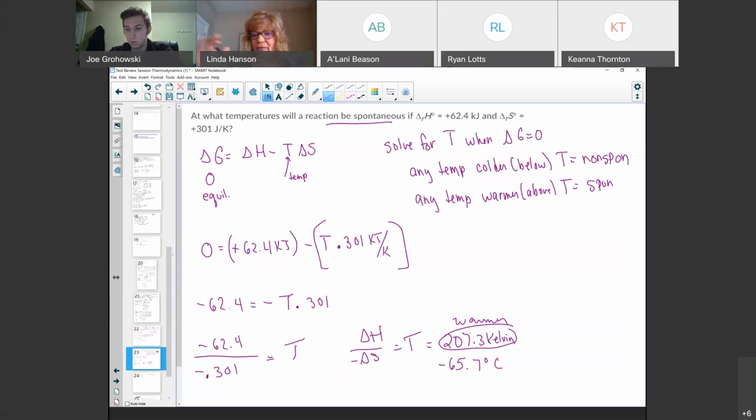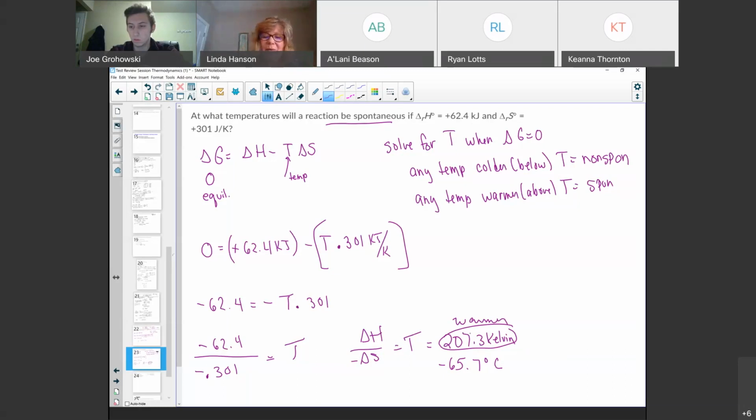It's not like you have many to choose from. The correct answer will be warmer than 207 Kelvin or warmer than negative 65 point something Celsius. So once you solve for the temperature, you've got to look at the list and decide which one of those meets the criteria.